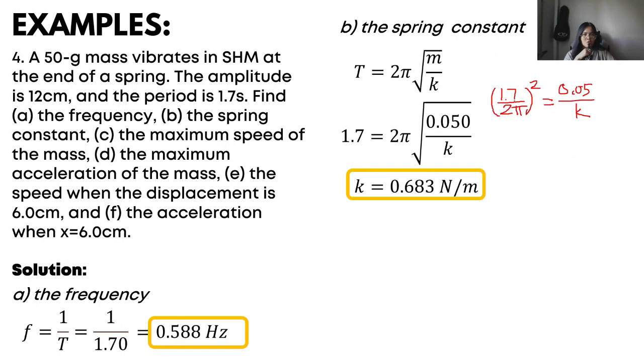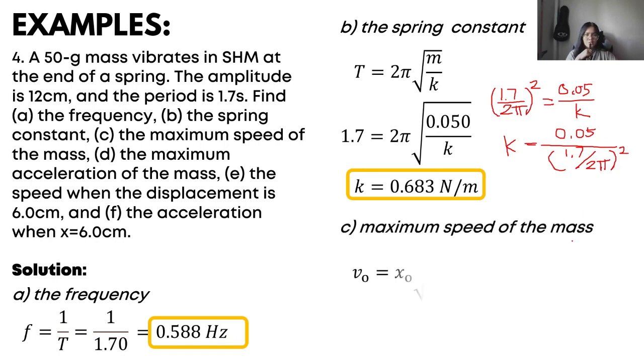And then, cross multiply, k is equal to 0.05 divided by yung 1.7 divided by 2 pi squared. O, ganyan yan.